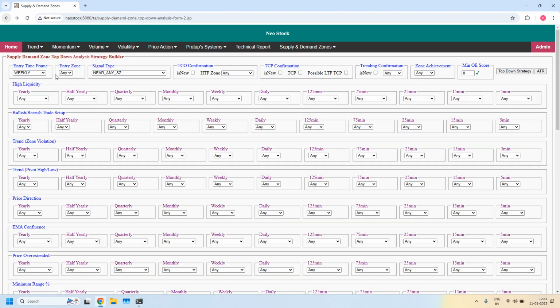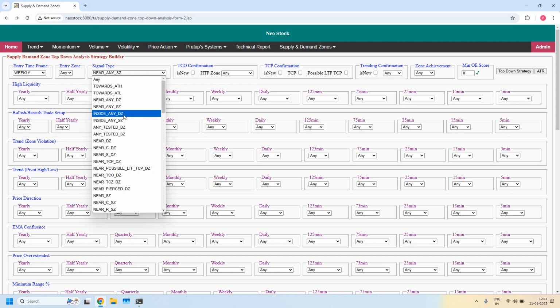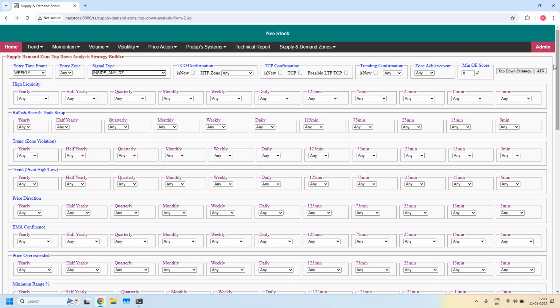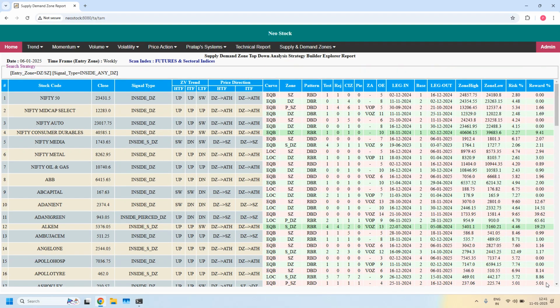Next, weekly time frame, price closed inside the weekly demand zone. We got a big list, because this includes pierced zones. Obviously we get a big list. Okay, I'm scrolling the list down. Those who are looking for pierced zones, look into the PIE column.